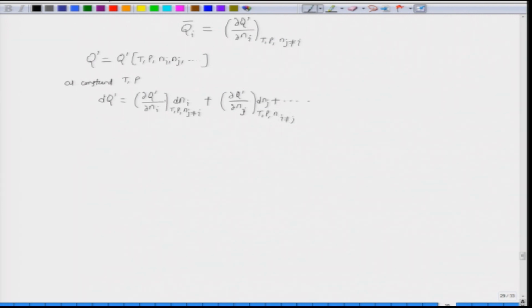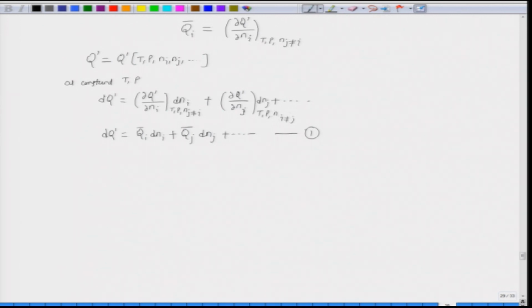And we can see these partials are nothing but the partial molar quantities. So, dQ prime is nothing but Qi bar dNi plus Qj bar dNj and so on. Right. So, let us denote this by equation 1.